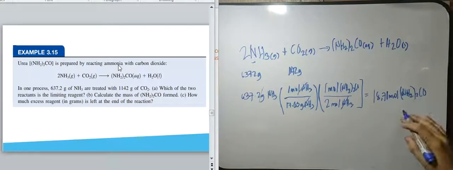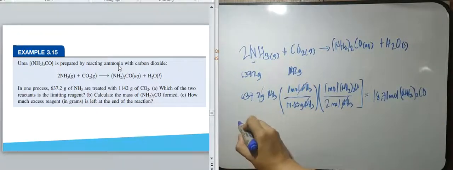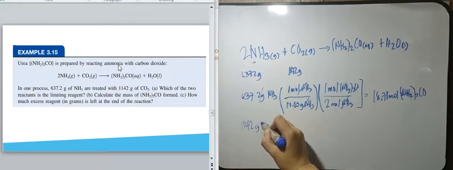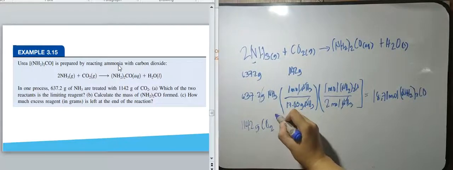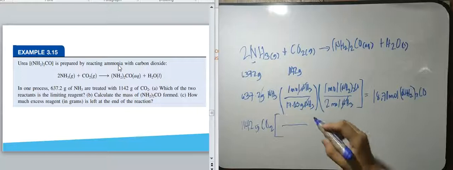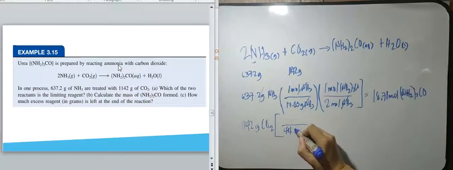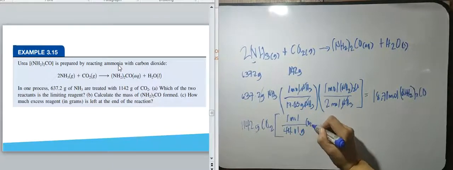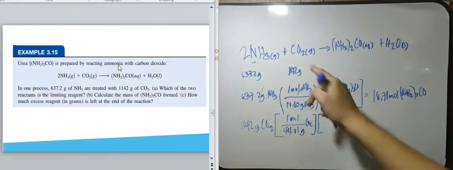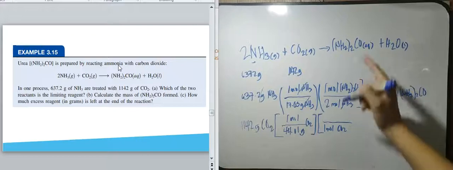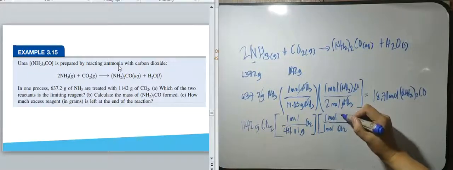While if we now use carbon dioxide, 1,142 grams CO2, with a molar mass of 44.01 grams per 1 mole CO2. So 1 mole CO2 to 1 mole urea.